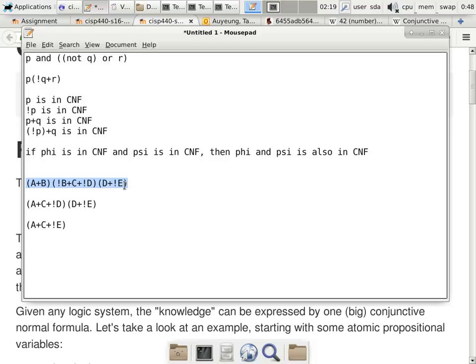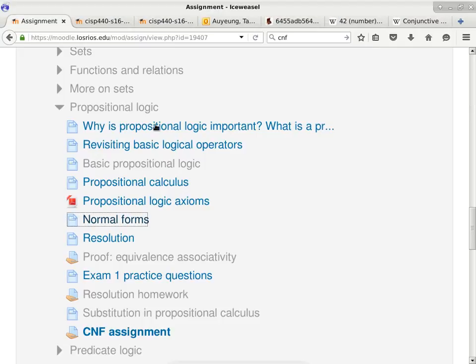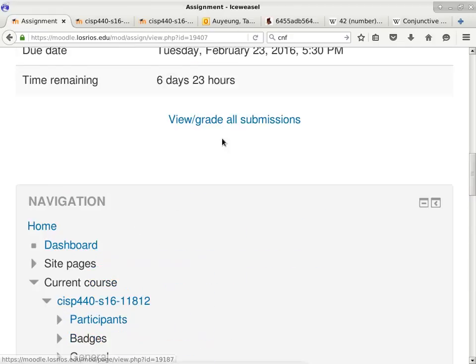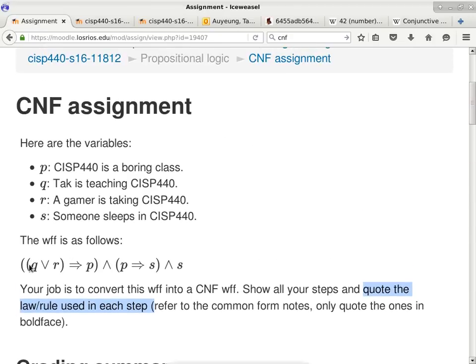For the homework, we just have to turn the 4 variables that we're given into a conjunctive normal form. Correct. In the homework assignment, you are given an expression that is not in CNF. If I go back to the assignment, you are given this expression, which is definitely not in CNF. It looks like it's kind of CNF, but it's not.